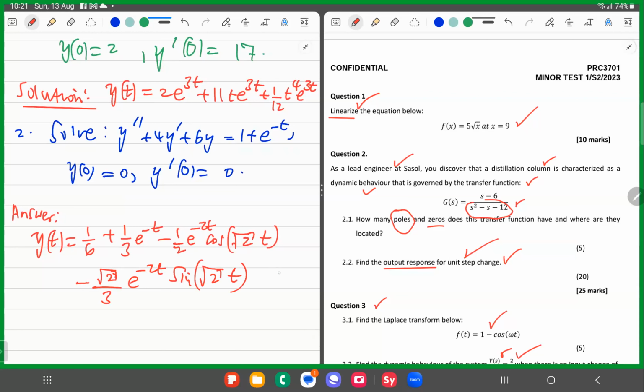Now this one is the answer to the blue one. So it's very important that you understand that.